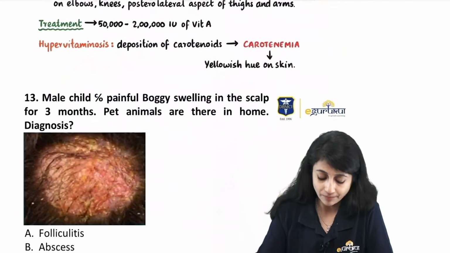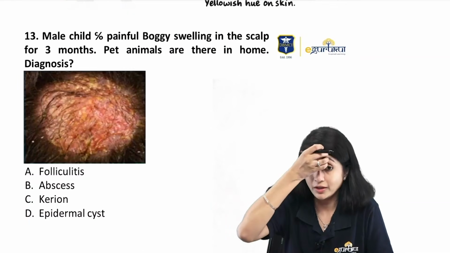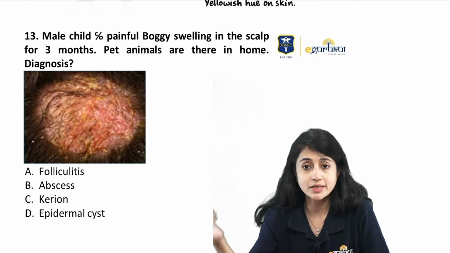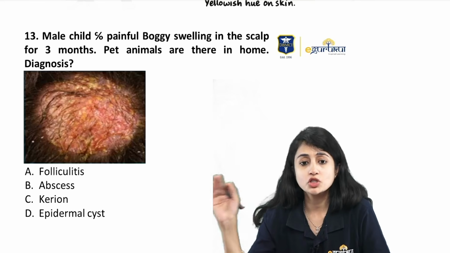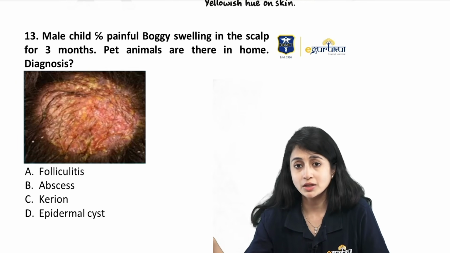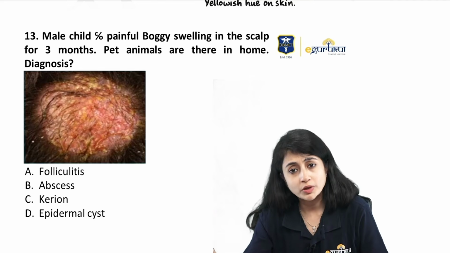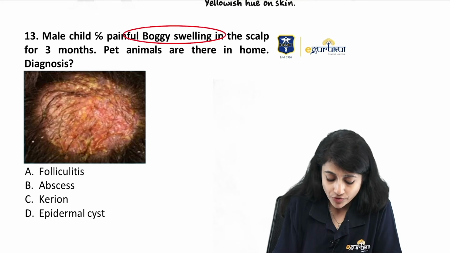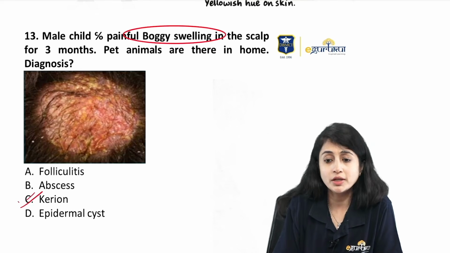One thing which we had discussed so many times: a child presents with boggy swelling in the scalp. I had told you, anything which is boggy swelling, don't think, just mark kerion as the answer. There is nothing else in dermatology which you would be given which would present with boggy swelling. So there was a boggy swelling. So this is kerion.